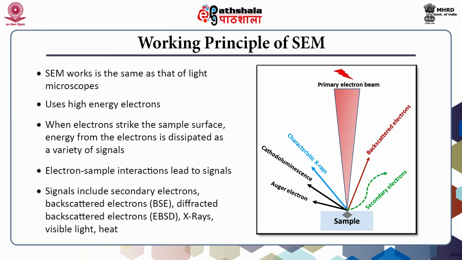Production of scanning electron microscopic images utilizes the secondary and backscattered electrons, whereas the crystalline structure, orientation of minerals and microfabrics are determined by diffracted backscattered electrons. The X-rays are used for the elemental analysis.